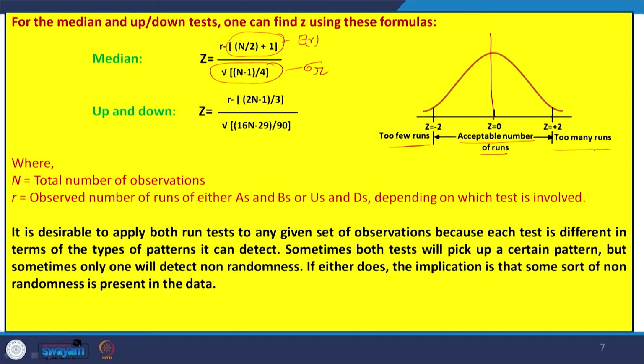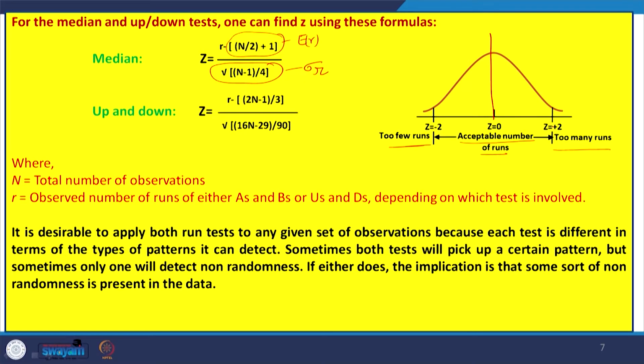So, we want neither too many nor too few; we want a kind of balance in the number of runs. If too many runs are there, that means it is highly randomized and there is no stability in the process. If there is a very small number of runs, that means there is going to be a particular kind of trend, because all values are either A's or all values are B's, all values are either U's or all values are D's.